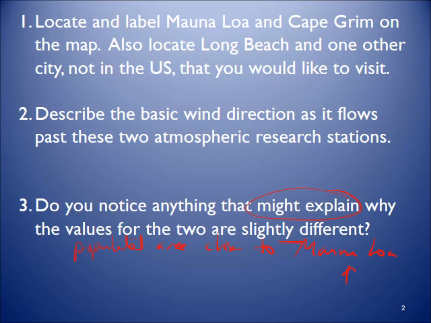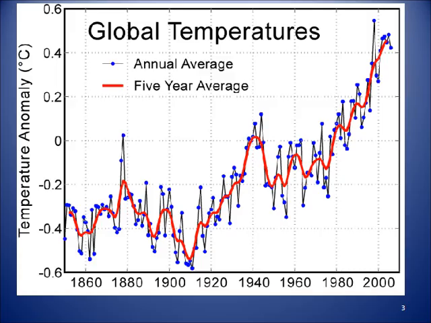Basic wind direction, I guess. So Mauna Loa, it is east to west. Cape Grim, it comes from the west and flows towards the east. So two different wind directions. That's why you always want to have two different data points, or preferably more data points. But two is pretty good for the kind of research that needs to be done here.